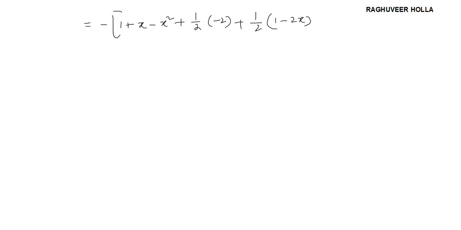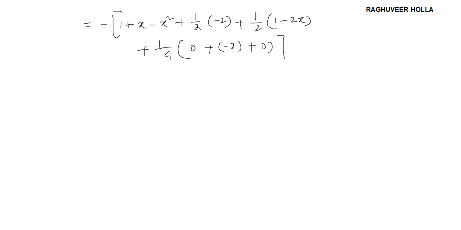Fine. Plus I'll have 1 by 4 because it's whole square, so I get D power 4 as the first term, which is 0, and this will be minus 2 and plus 0.